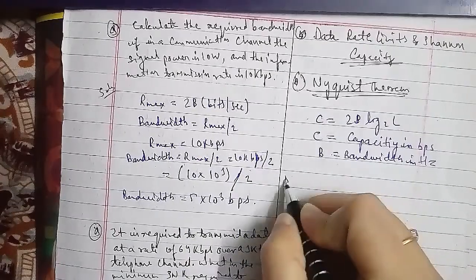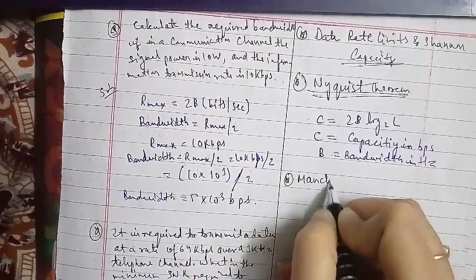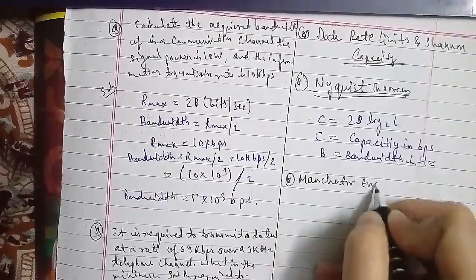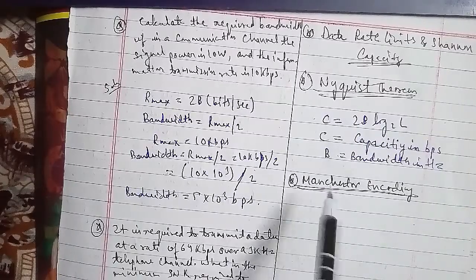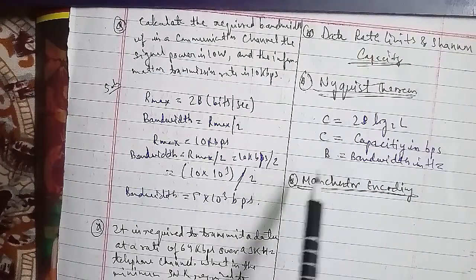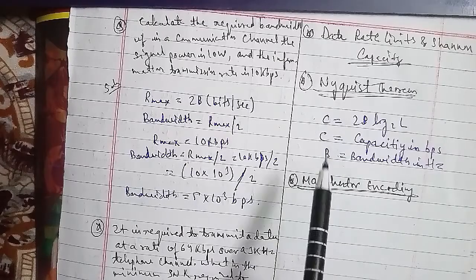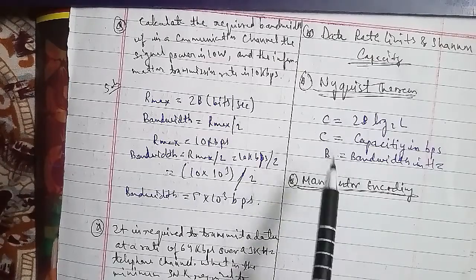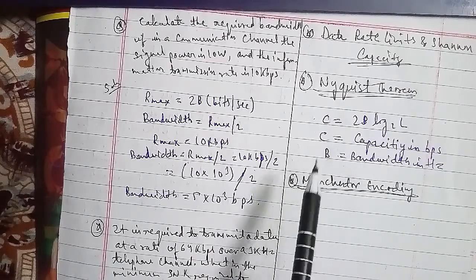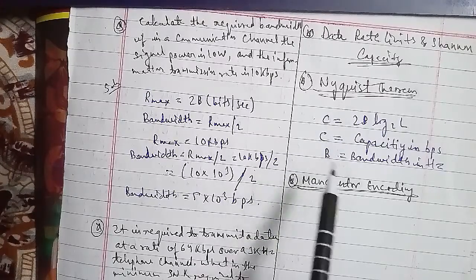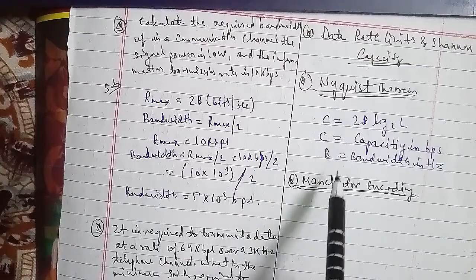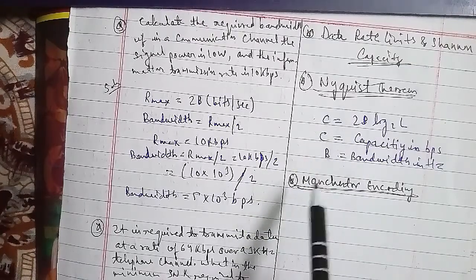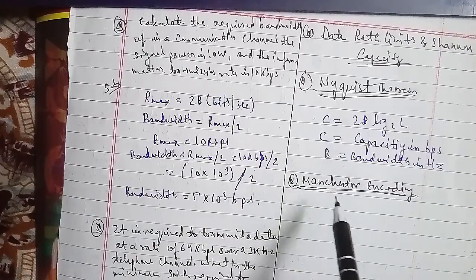Then we have 1 0 0 0 1 0 1. So this is the representation.